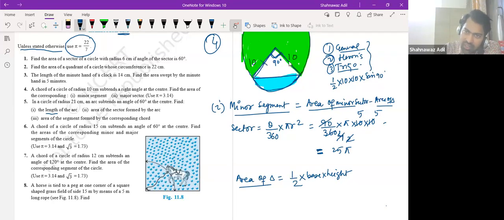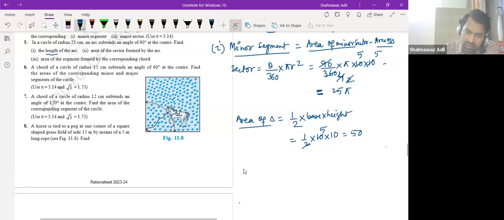Because we know this side, we know this side, and we know the angle between them. So half a b sine theta. Whichever formula we use, this is 50.